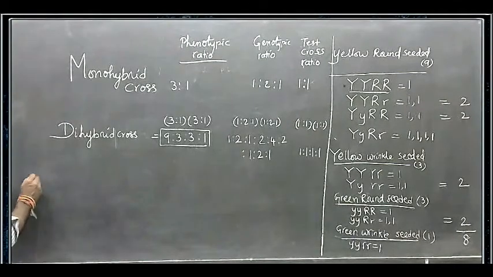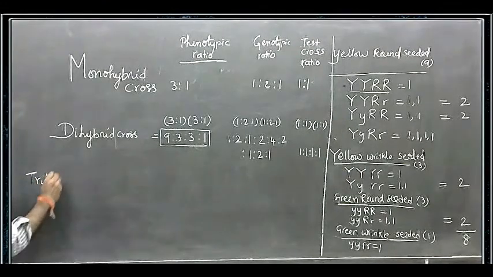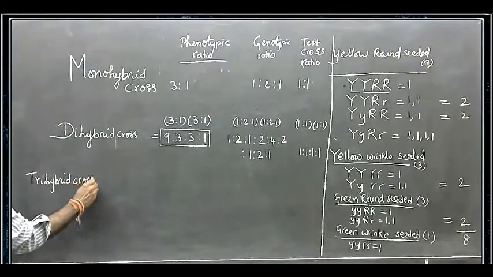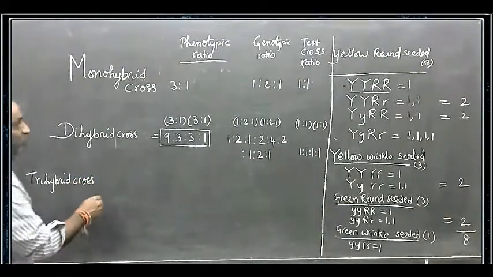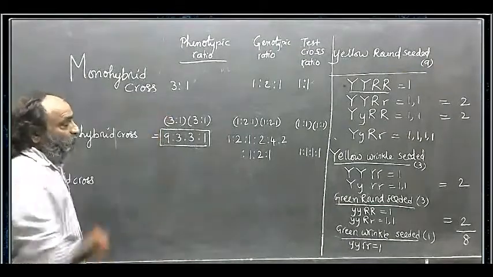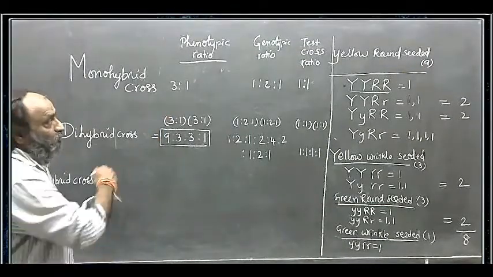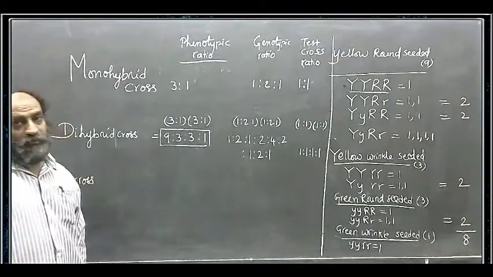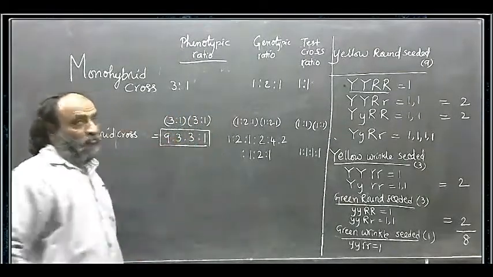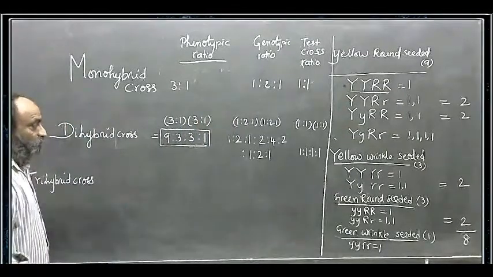So for a tri-hybrid cross, you just use the logic and get what is the phenotypic ratio of a tri-hybrid cross, what is the genotypic ratio of a tri-hybrid cross, and what is the test cross ratio of a tri-hybrid cross.